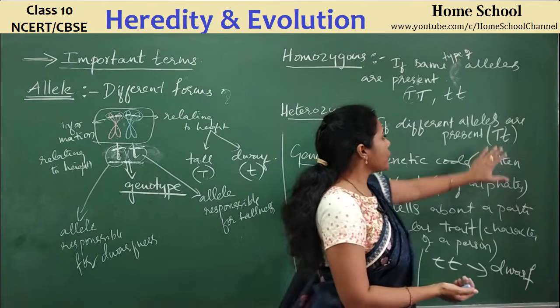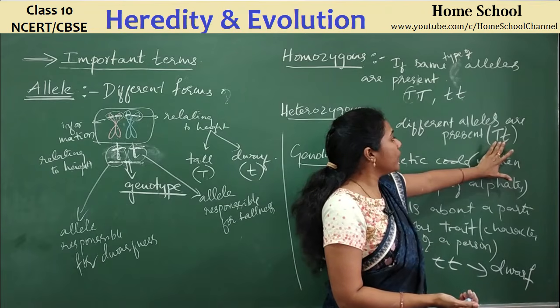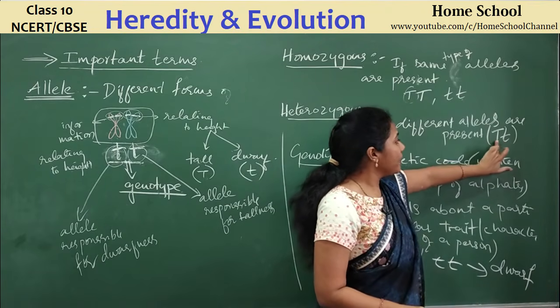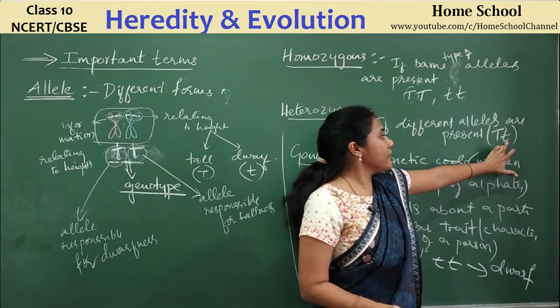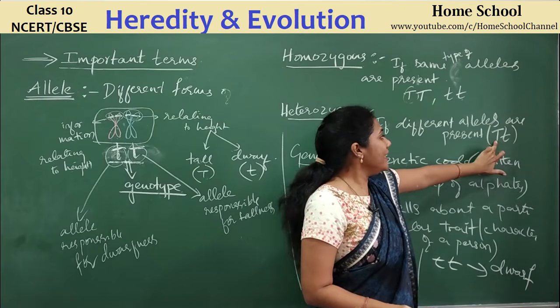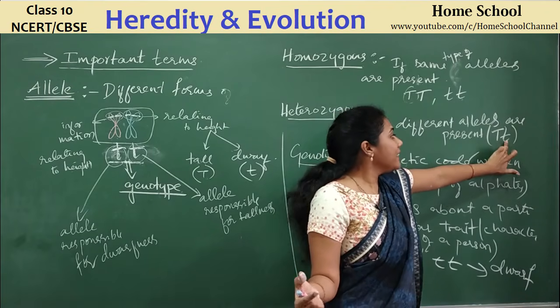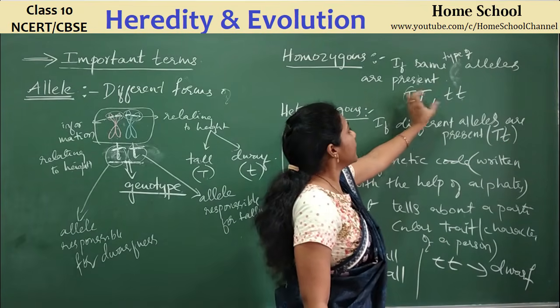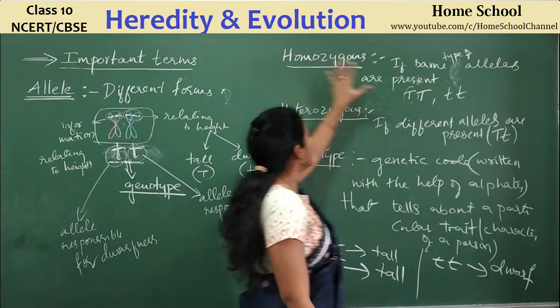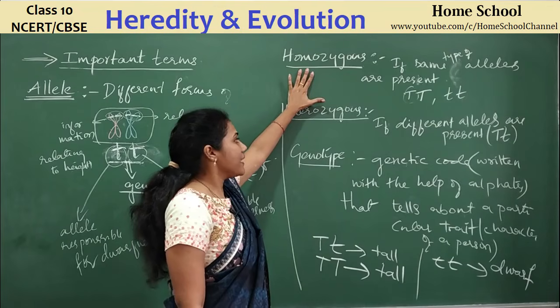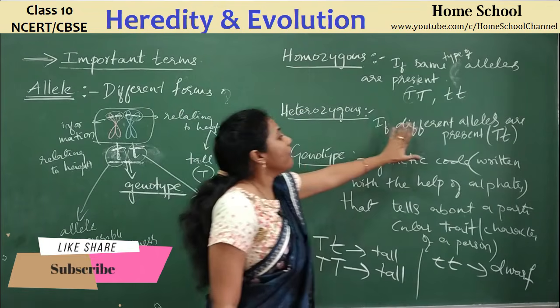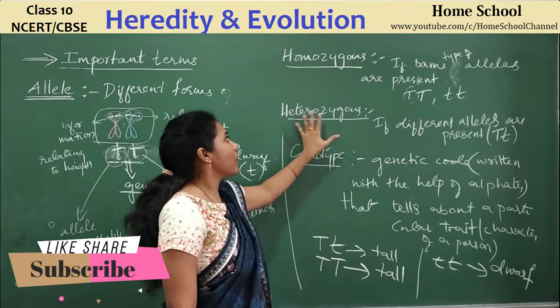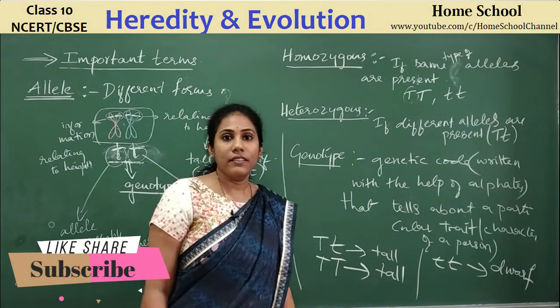In this code you can observe that the alleles are different. This is a different allele, this is a different allele. This allele tells about tallness and this allele tells about dwarfness. Clear? In a genotype, if you have the same alleles, that condition is called homozygous. If you have different alleles, such a condition is called heterozygous.